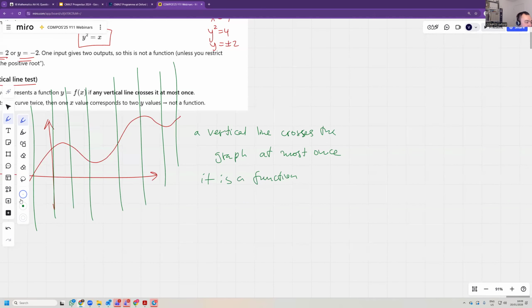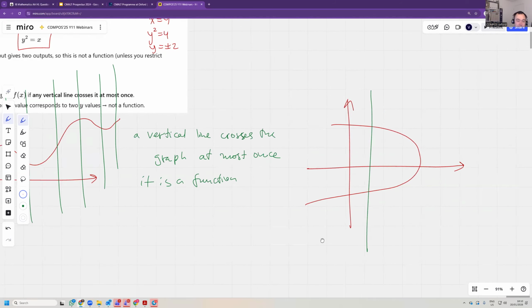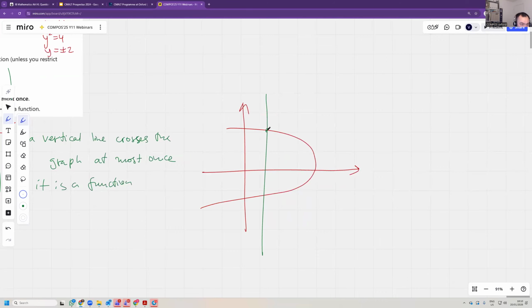And if you have a graph which looks like this, for example, now here, a vertical line cuts the graph in 2 places. A vertical line cuts the graph twice.